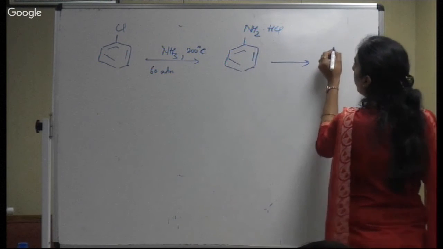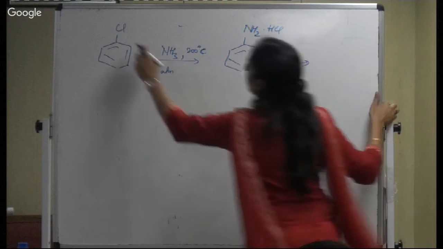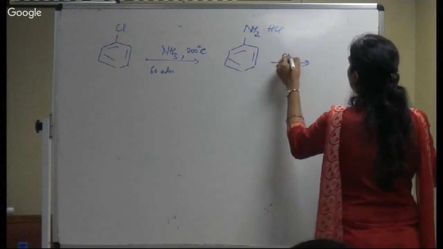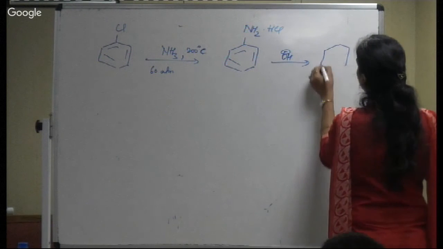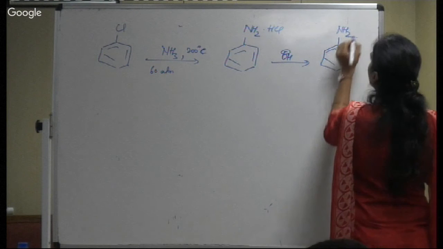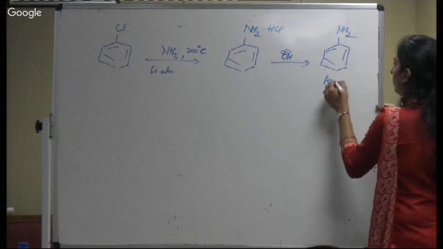HCl will be the byproduct in this case, so you will get the salt here, and upon treatment with a mild base, NaOH, a slightly basic solution, you will get aniline.